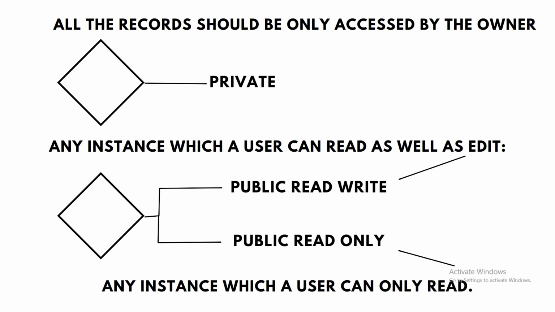We can set it to private. Then, for an instance which a user can read as well as edit: if there are a couple of records and one wants a group of users to read as well as edit, which setting can we put the OWD to? The answer will be public read write.